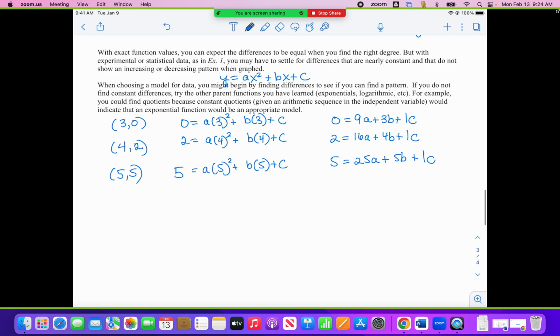Matrices. Okay, so let's do that. So we're going to put 9, 3, 1, 16, 4, 1, 25, 5, 1. And you do need to write out the matrix equation like this.